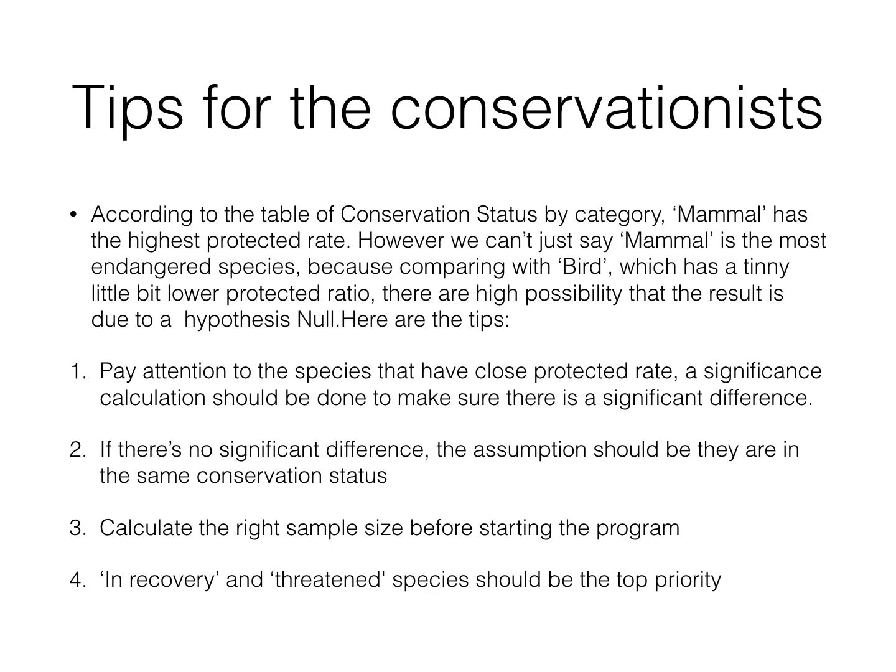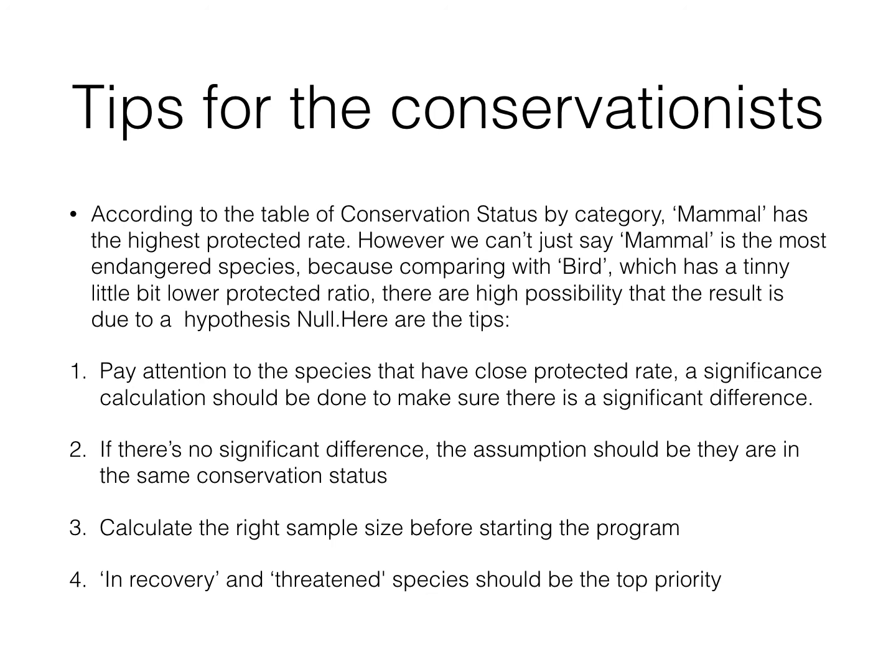Now, here are the tips. Pay attention to the species that have close protected rates. A significance calculation should be done to make sure there is a significant difference. If there's no significant difference, the assumption should be they are in the same conservation status.